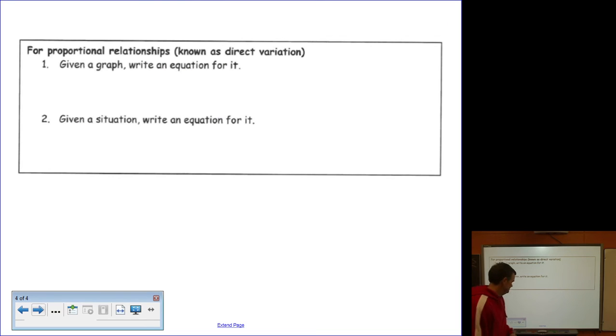And last up, all right, just in review, for proportional relationships, if I give you a graph, can you write an equation for it?